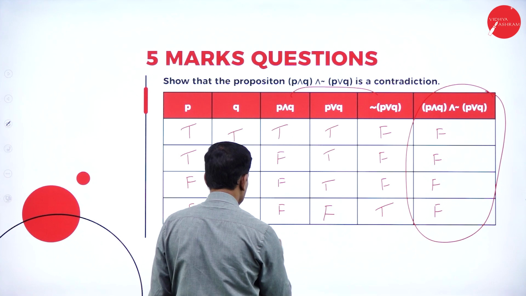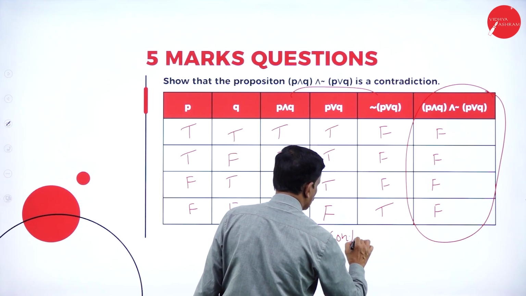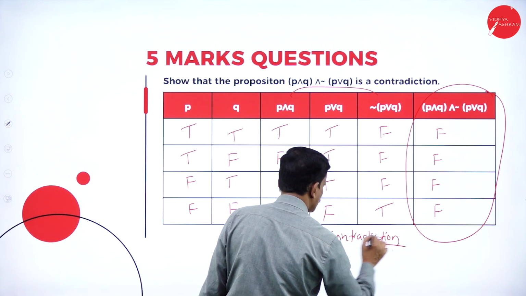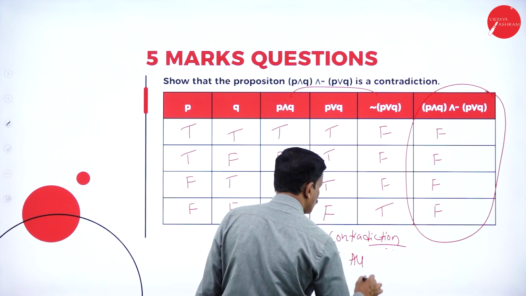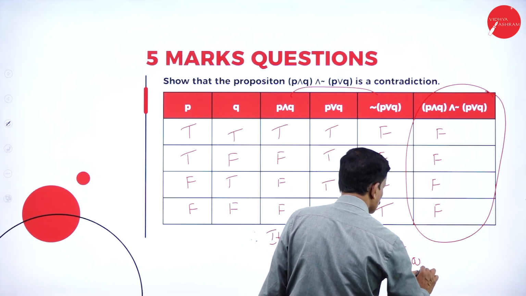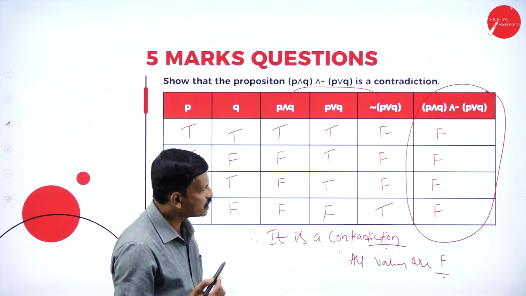So therefore it is a contradiction. This is a contradiction because all the values in the last column are F.